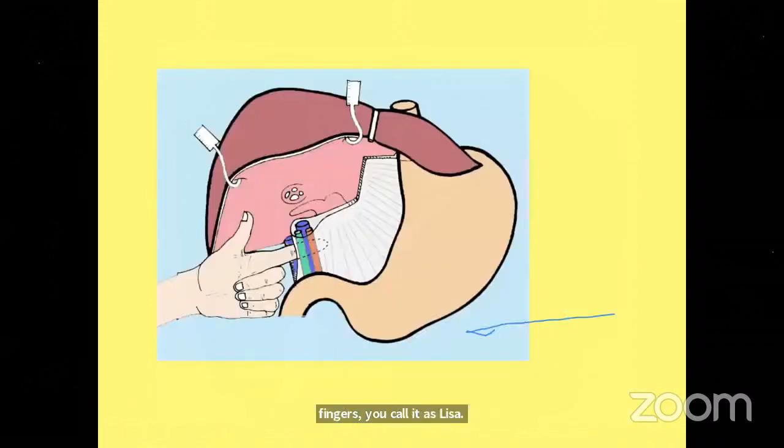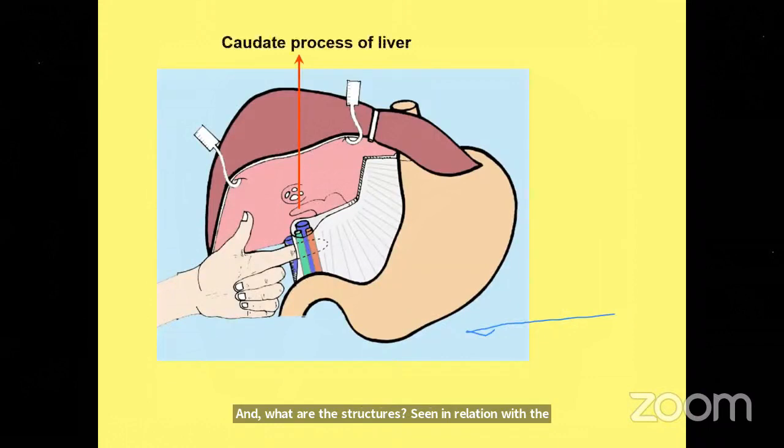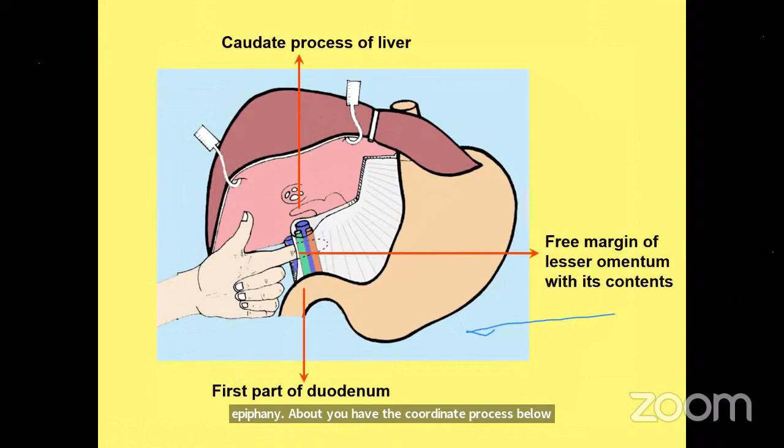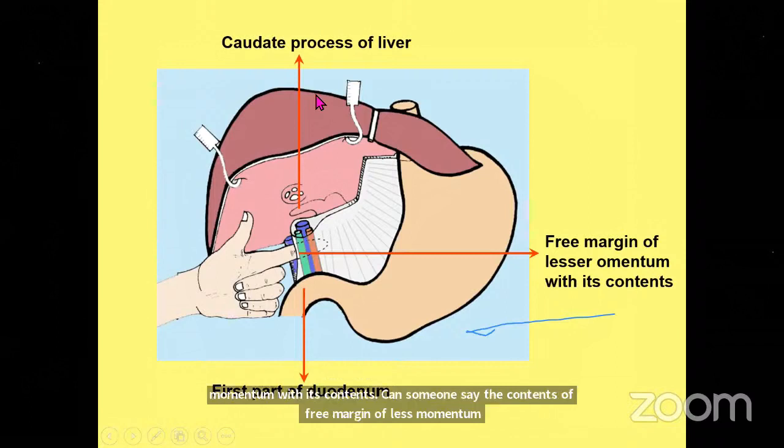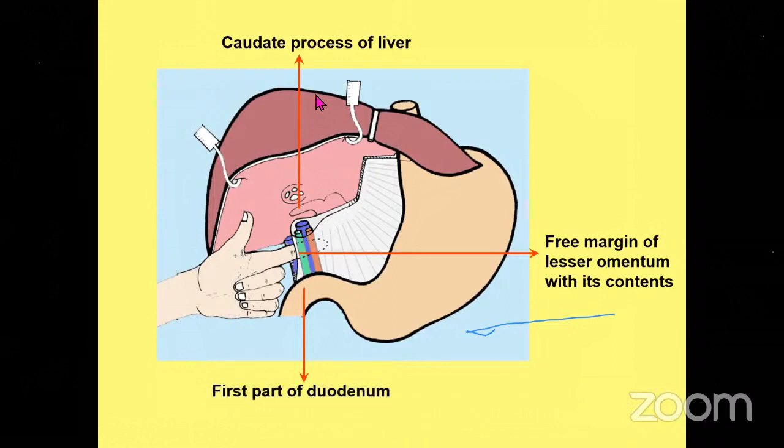And what are the structures seen in relation with the epiploic foramen? Above, you have the caudate process. Below, you have the first part of duodenum. Anteriorly, it is the free margin of lesser omentum with its contents. Can someone say the contents of the free margin of lesser omentum? Can you please mention the contents? 1, 2, 3.